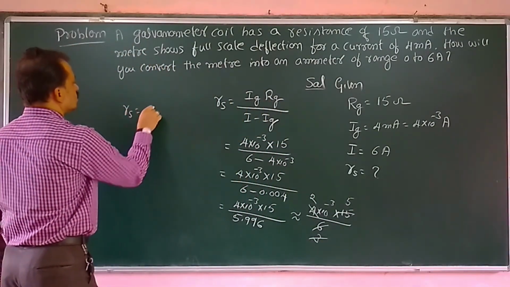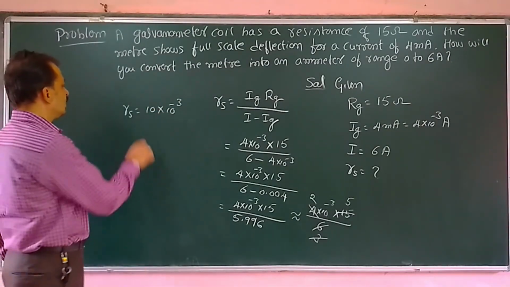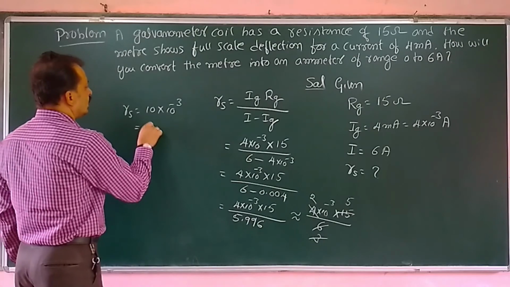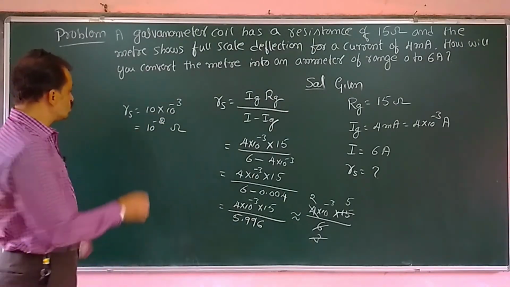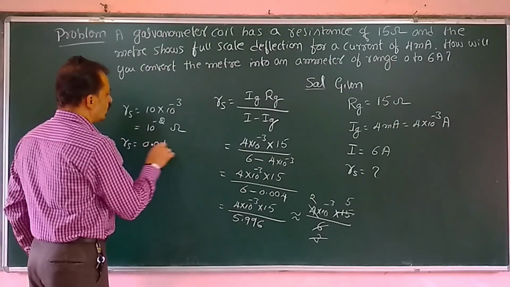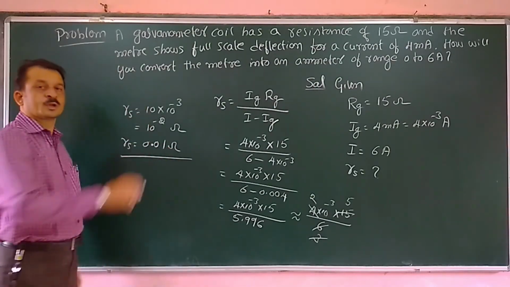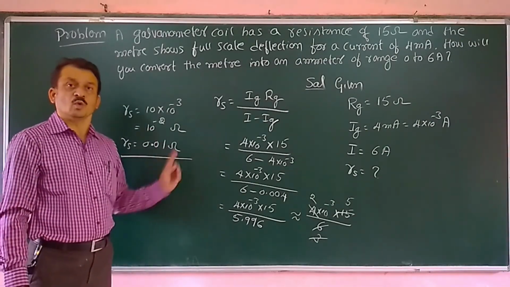Therefore Rs is equal to 10 into 10 to the power of minus 3, or it is equal to 10 to the power of minus 2 ohms, or Rs is equal to 0.01 ohm.